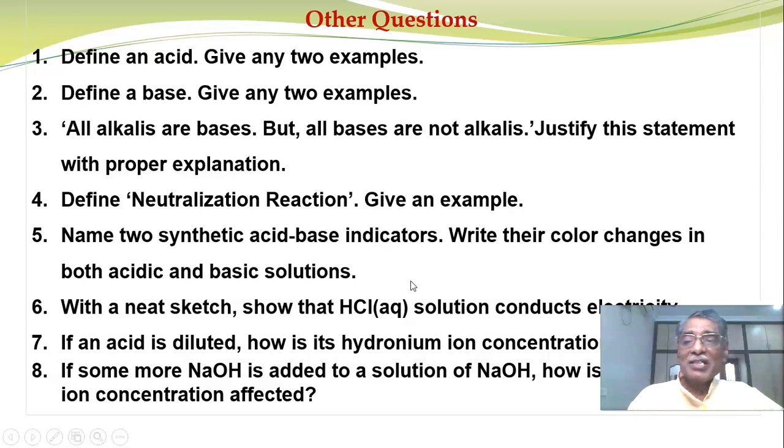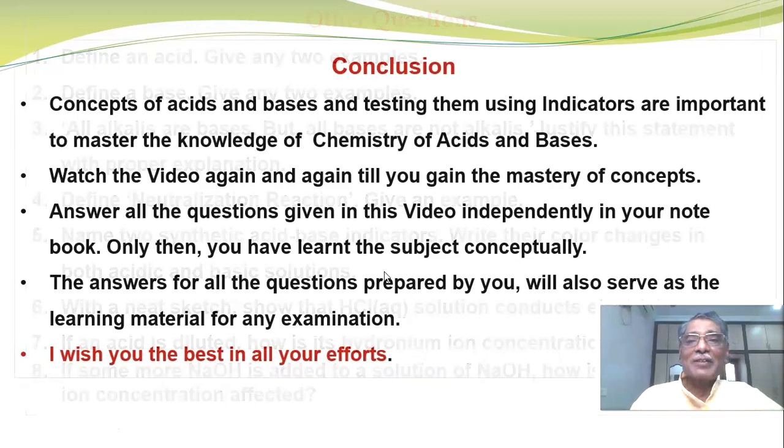Write their color changes in both acidic and basic solutions. Question 6. With a neat sketch, show that HCl aqueous solution conducts electricity. 7. If an acid is diluted, how is its hydronium ion concentration affected? Question 8. If some more NaOH is added to a solution of NaOH, how is its hydroxide ion concentration affected?